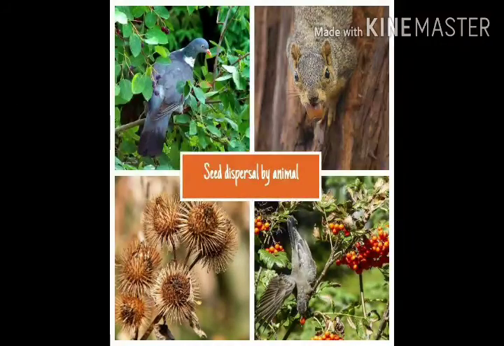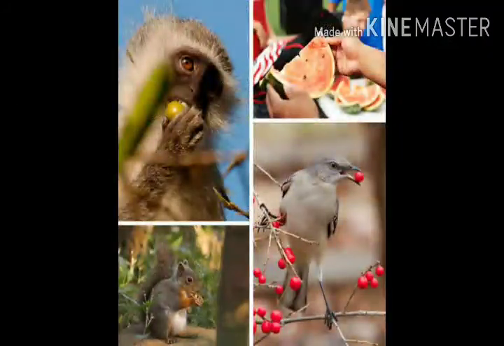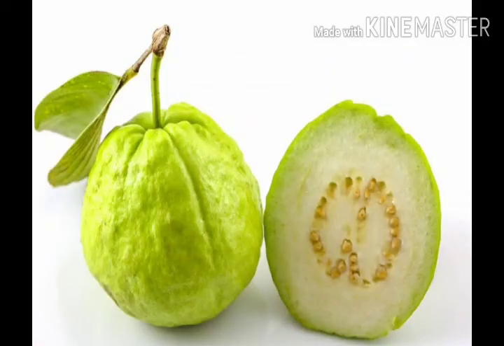Scattering by animals. Humans and animals eat fruit that contains seeds. We throw away seeds after eating fruits like mango, orange, apple and plum. The small hard seeds of guava, etc. are thrown out of our bodies with the waste.